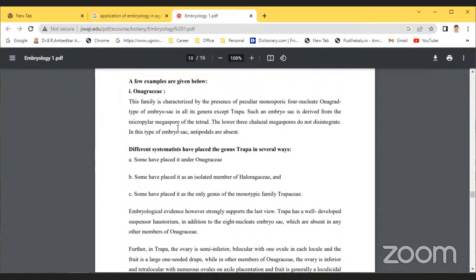And next are the genera marked out by their embryological features. Paeonia: in most classifications, the genus Paeonia is kept in the tribe Paeonieae of Ranunculaceae, but Paeonia differs from the other members of the family in vascular anatomy.